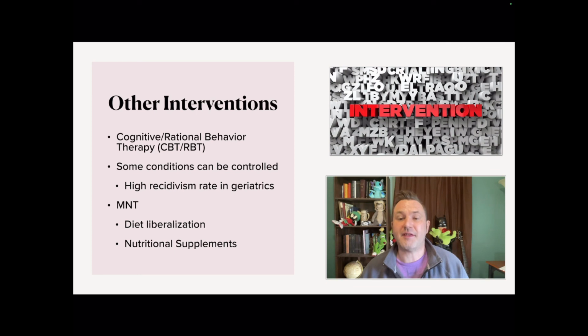As far as MNT for people with mental disorders, the best one is diet liberalization. Honestly, the best one for almost everything is diet liberalization first. And go back to Owen's triage dictum on this, would be my recommendation. Maybe somebody has some kidney dysfunction, but they're also not eating.